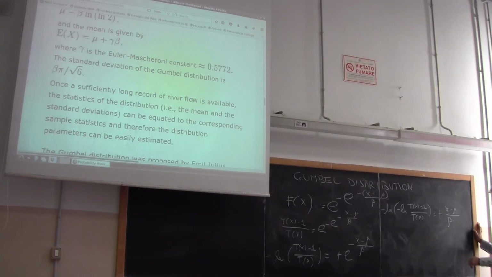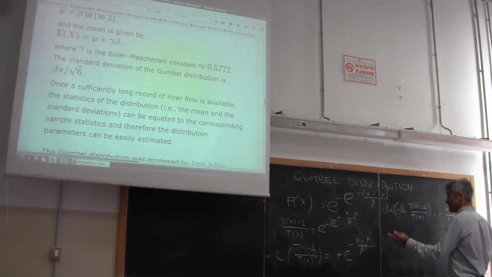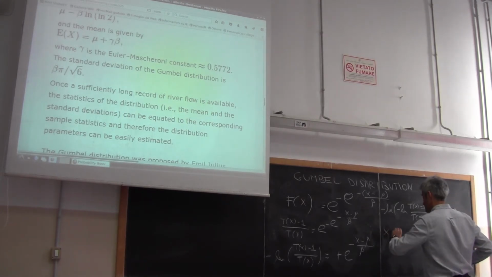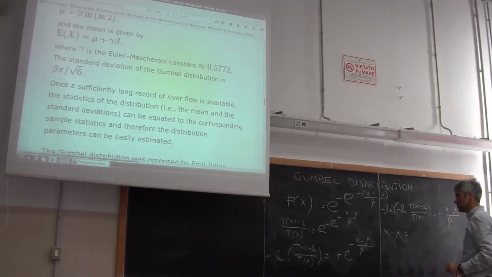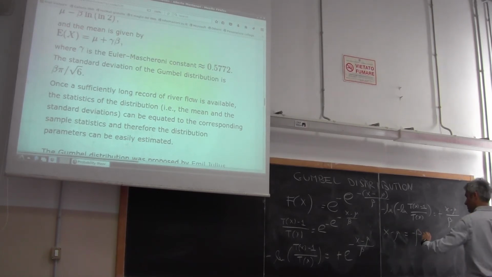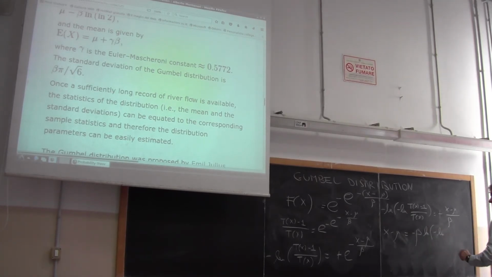We can write, if I multiply both sides by beta, and I invert the sides, x minus mi is equal to minus beta times the logarithm of minus the logarithm of dx minus 1 divided by dx.